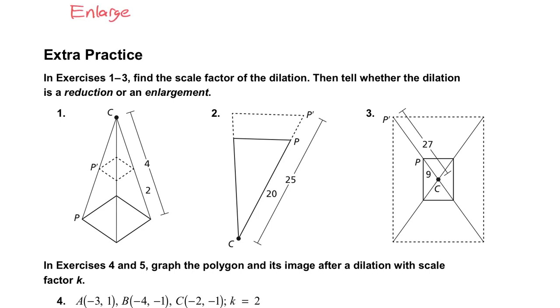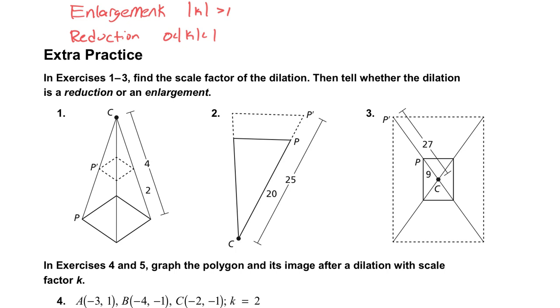Did I spell this right? An enlargement is where the absolute value of your K is greater than 1, and a reduction is where the absolute value of K is between 0 and 1. If it's exactly 0, then, well, it's no longer there. If it's exactly 1, the size hasn't changed.